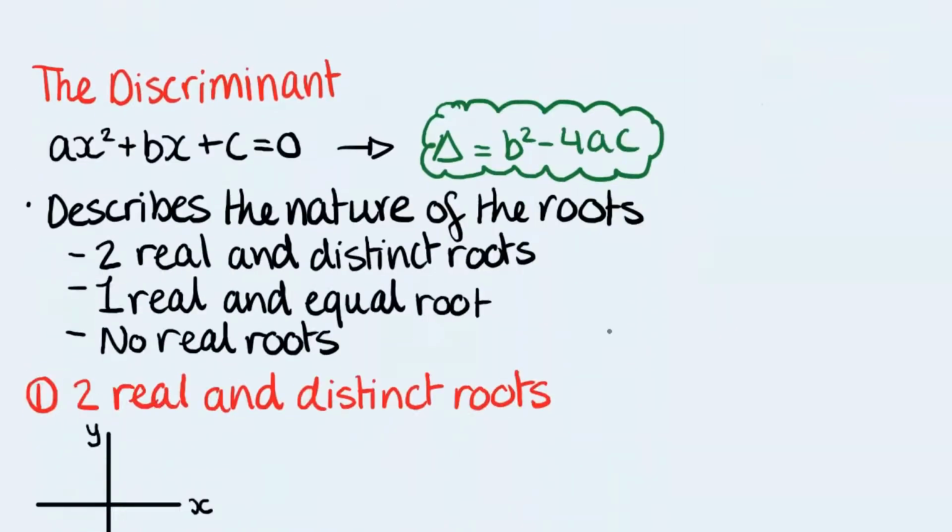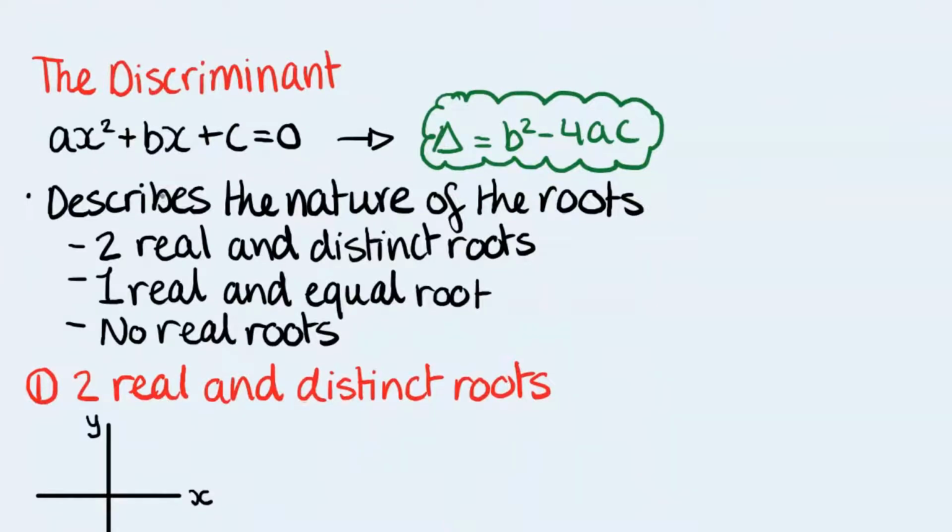So if we move down here, I've explained what the discriminant is. So we have the quadratic equation, ax squared plus bx plus c is equal to 0, and we have something called the discriminant. When it comes to the roots of quadratic equations, sometimes we want to quickly know the nature of the roots you get from that quadratic equation, and that's where the discriminant comes in.